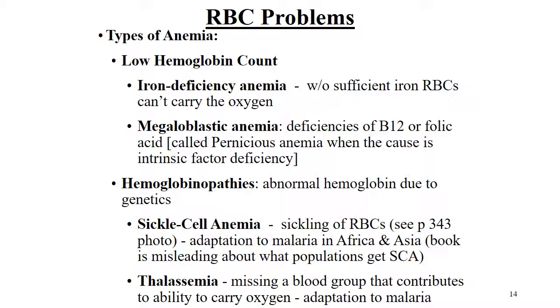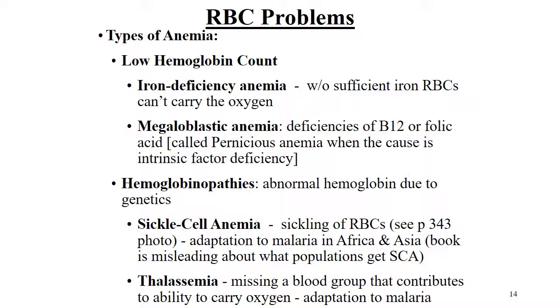Hopefully we'll get to talk about this one a little bit more later on in the semester. It essentially means that the red blood cells are no longer donut shaped, but look quite frankly like a sickle. It's an adaptation to malaria that took place particularly in Africa, but it's led to a rise in the presence of sickle cell anemia as an inherited trait because of its ability to help an individual resist malarial infections.